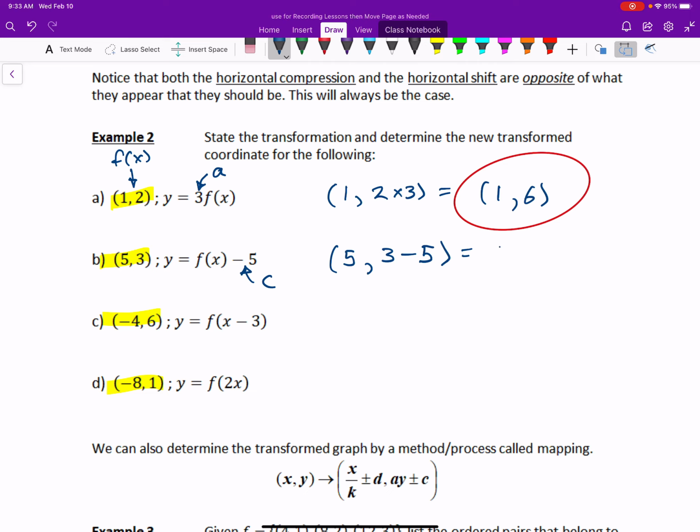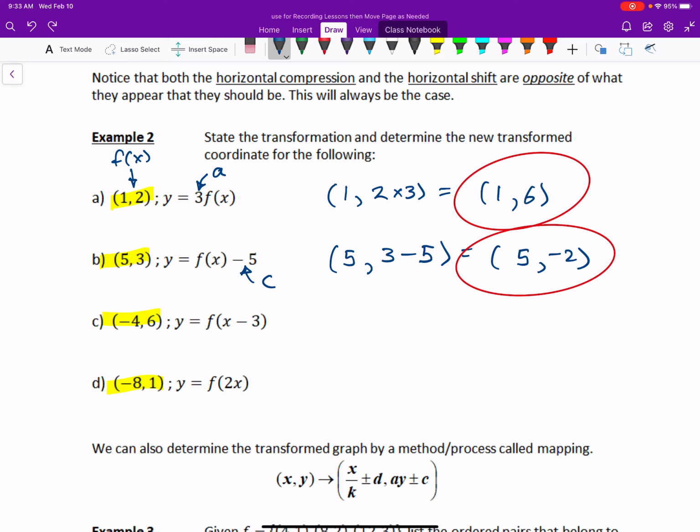So my new point would be (5, -2). And again, compare (5, 3) and (5, -2). They're exactly the same, except we've shifted the point vertically down by 5.